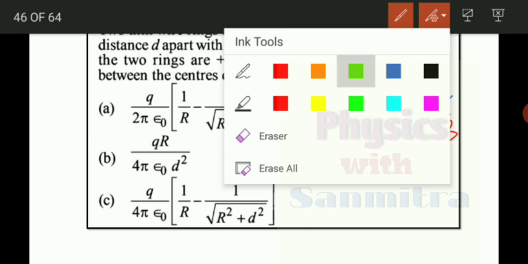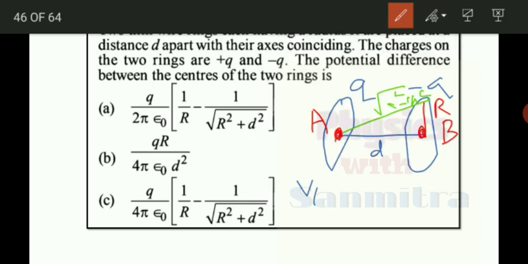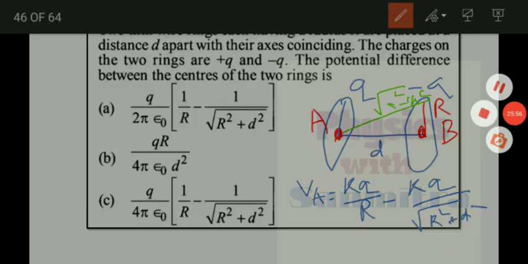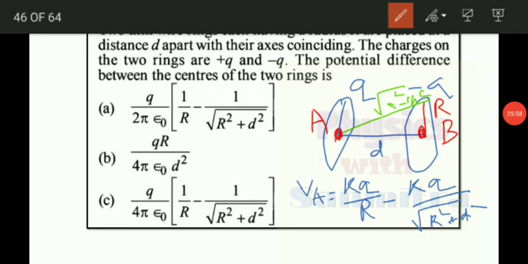So VA will be, due to this ring, kq by r minus kq by root over of r square plus d square. This much is okay. Okay, that was about VA.